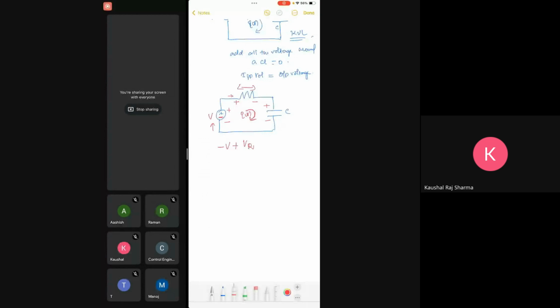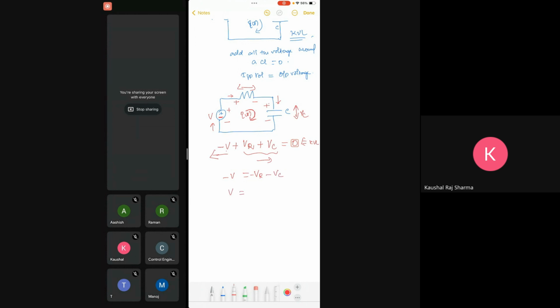And when I come before this element, I see another plus here, so I am putting plus VC, the voltage across the capacitor. Since there is no other element and the loop is closed, I equate this equation to 0. I am taking this minus V to the left hand side and the rest of the things to the right hand side. So if I take the V to the left hand side, I will keep it as minus V equal to VR minus VC, right?